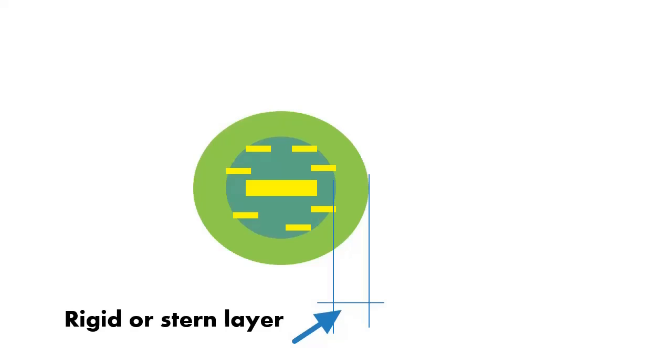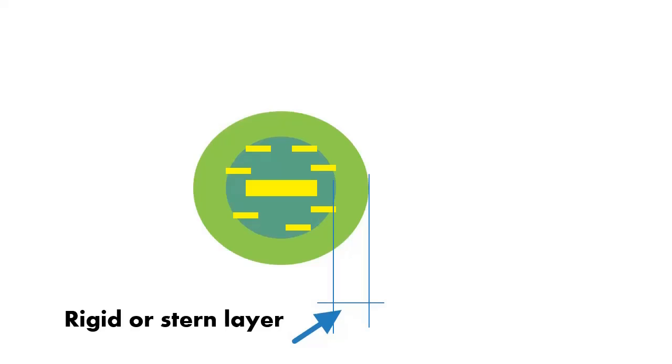Understood? Now when that stern layer attaches to the colloidal particle, there will be a drop in the potential. That drop in potential is called the stern potential.